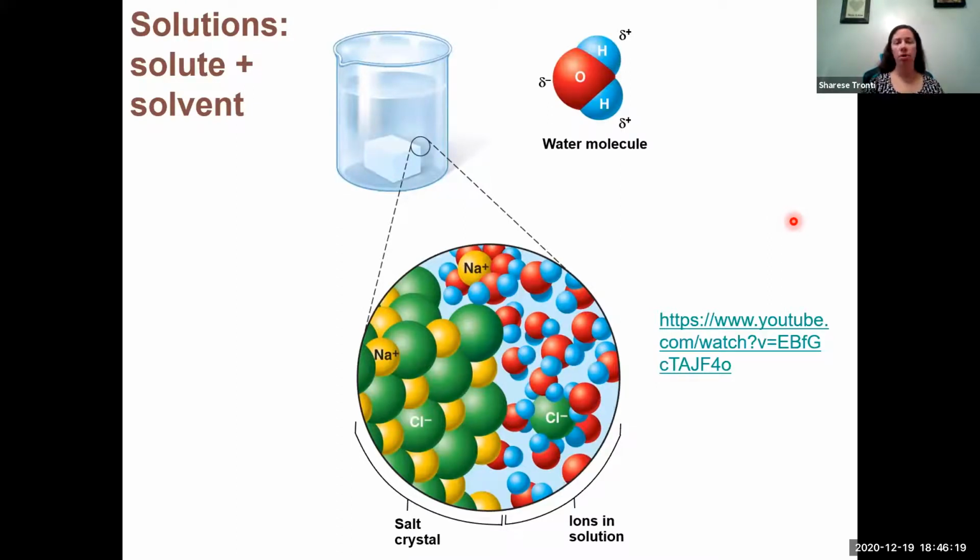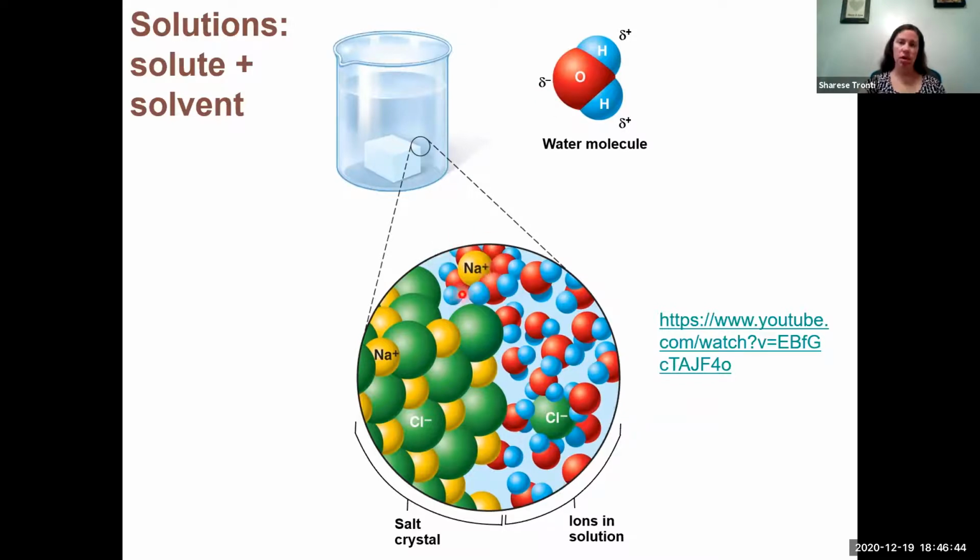So if we put a salt in water, it's going to dissolve. No surprise there, right? You all know that. But how that happens is it's going to be because of these hydrogen bonds. So we have the slight negative charge, remember on the oxygen in the water molecules, is going to be attracted to the positive charge of the sodium.